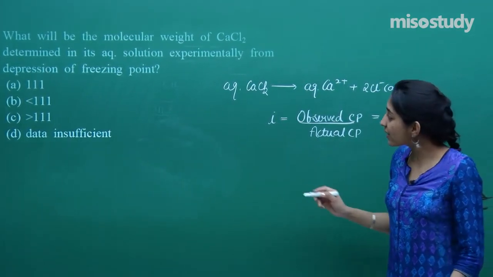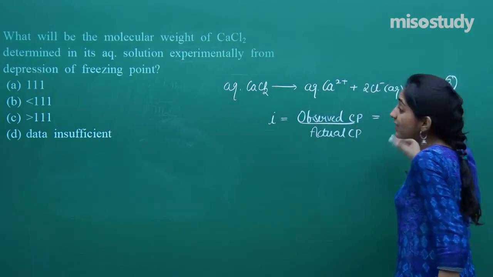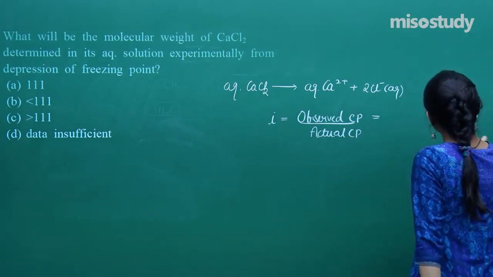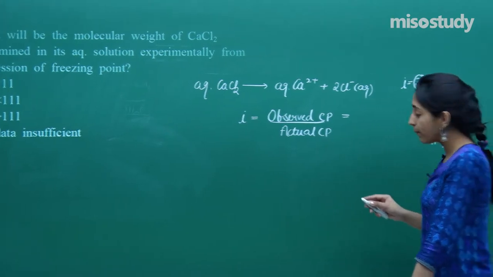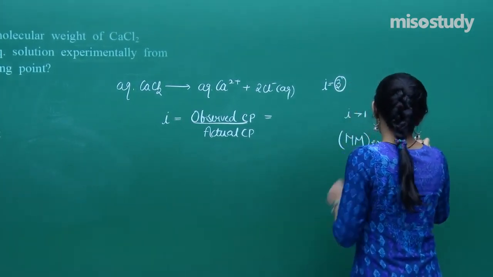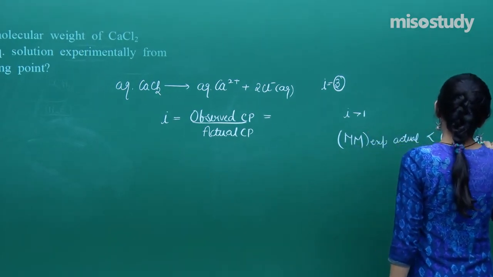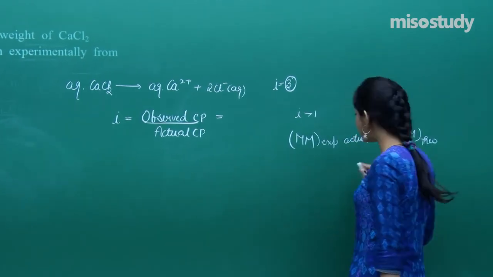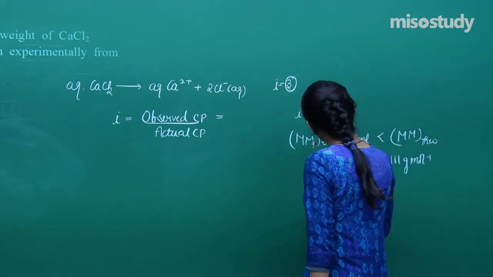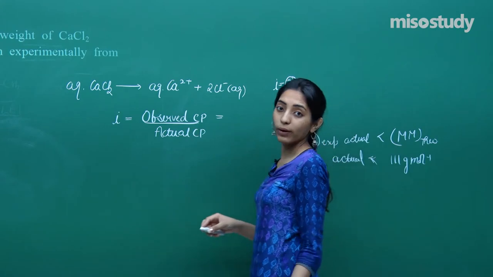So if the value of i in this particular case is 3, that means it is greater than 1. Then the experimental molar mass that you will be getting will be lesser than the theoretical molar mass. The theoretical molar mass is 111 grams per mole, so the actual molar mass will be lesser than 111.